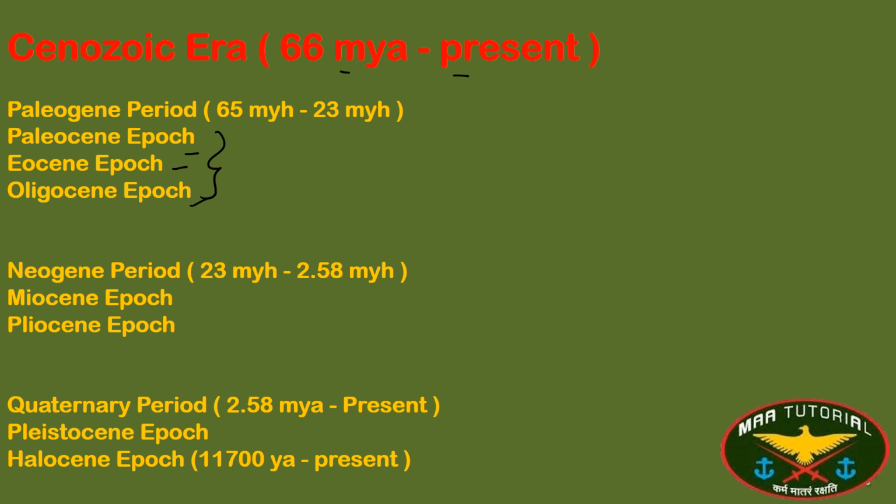The Neogene period is divided into two parts: Miocene epoch and Pliocene epoch. And likewise, the Quaternary period is divided into two parts: Pleistocene epoch and Holocene epoch. The Holocene epoch is the last one, part of the Cenozoic era, where the present formation of the earth comes.